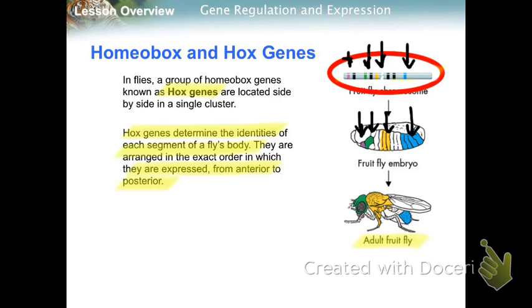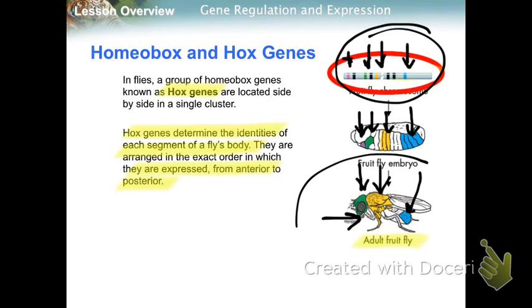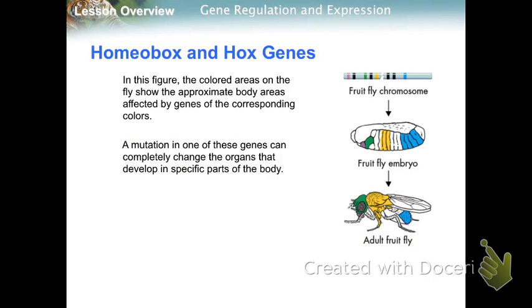Purple is the little nose there. Green is the head, yellow is the thorax, and blue is the very end of the abdomen. So the genes are actually positioned on the chromosome in the exact anterior to posterior, or head to tail, order that you see on the fly.